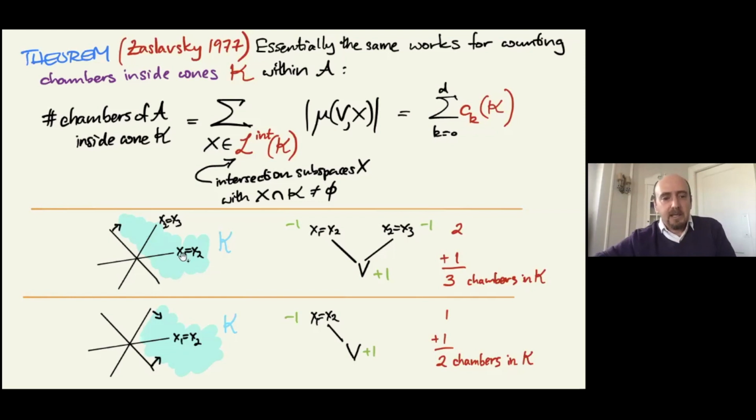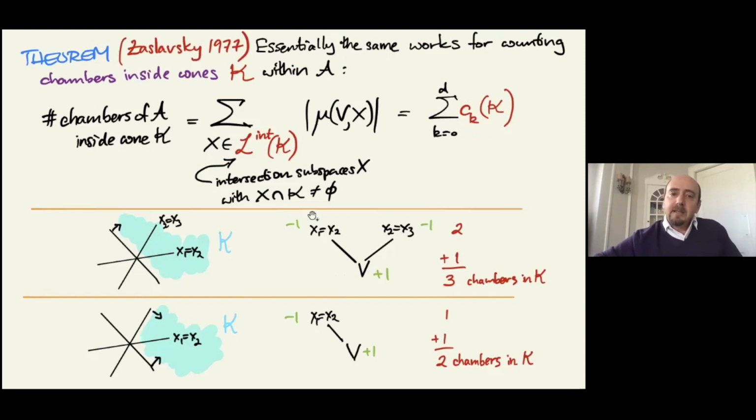So in this case, the cone is actually an open half space, and the only intersection spaces which intersect it are the full R2, that's the V at the bottom, and then these two hyperplanes, the x2 equals x3 hyperplane, that's here, the x1 equals x2 hyperplane, that's here.